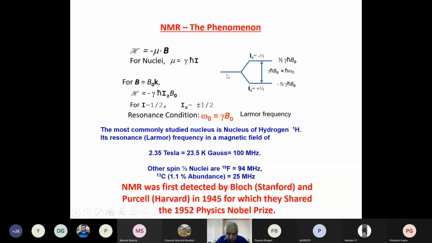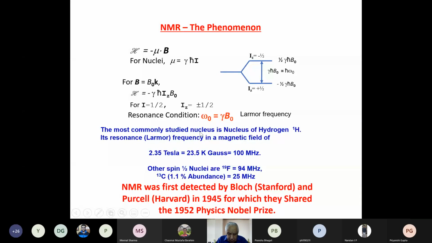So the degeneracy of these two levels gets lifted in a magnetic field. The difference between this energy is gamma h cross B naught, equal to h cross omega naught. Omega naught is called the Larmor frequency. Its resonance condition is given by this.